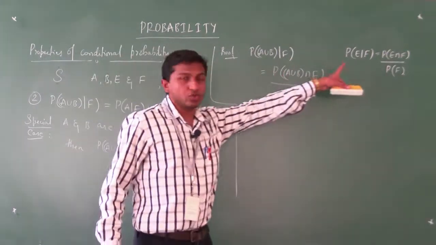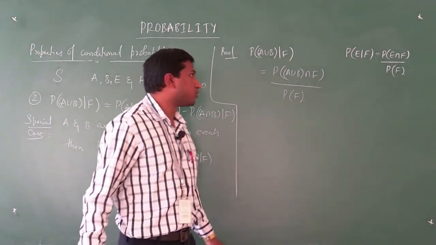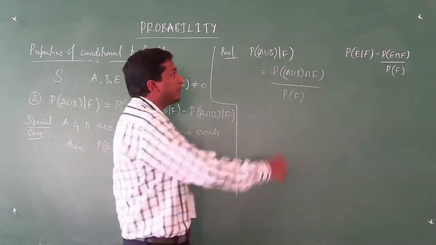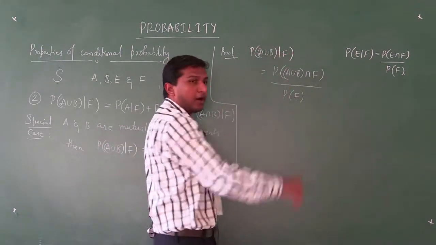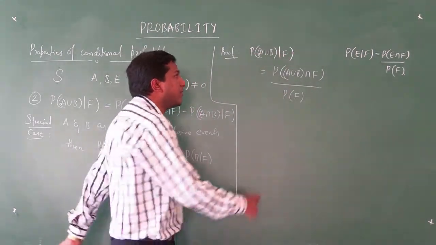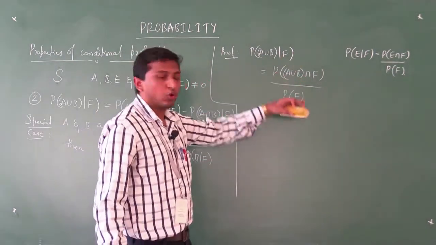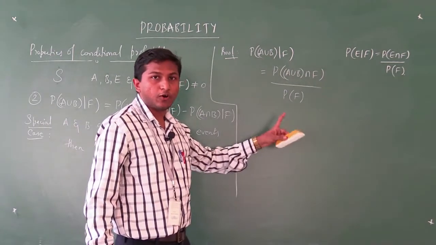So we have used the definition of conditional probability and written the formula for P of (A union B) given F, which is P of (A union B) intersection F whole divided by P of F.